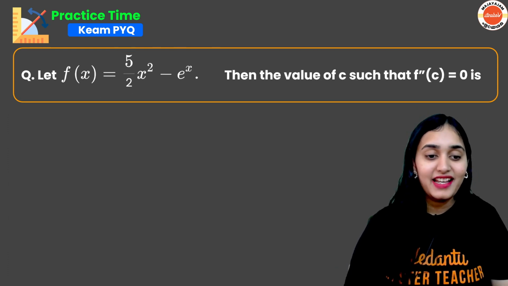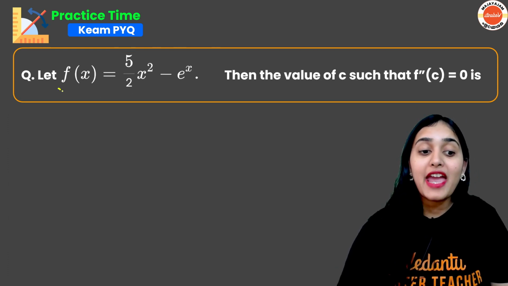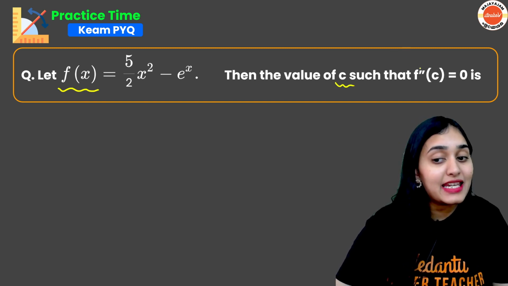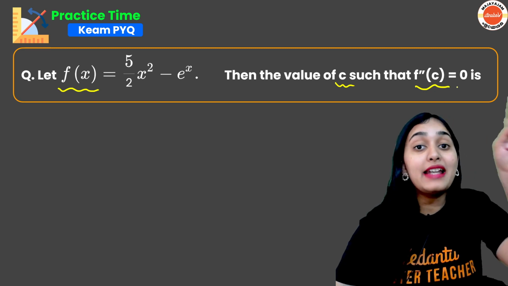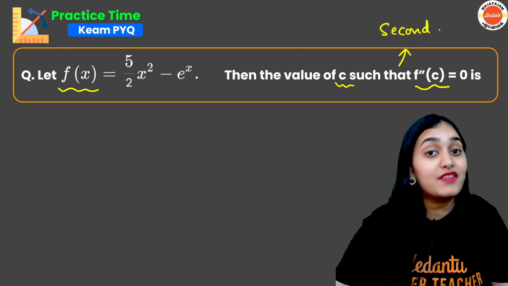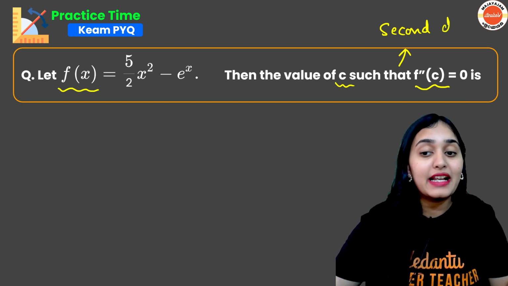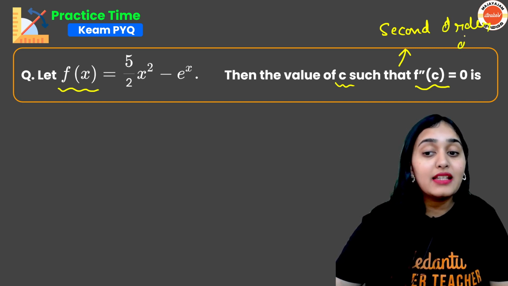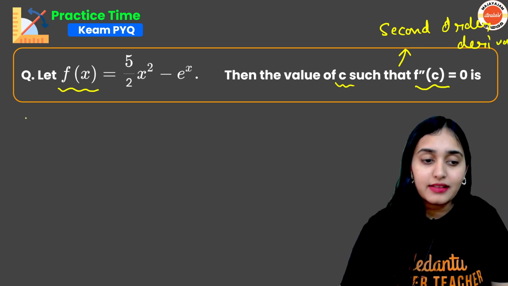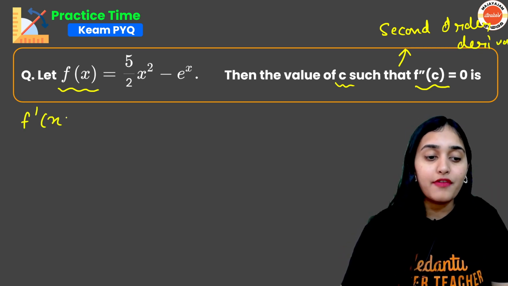Okay. Next question. If f of x is given, what will be the value of c such that f double dash of c is equal to 0? This is the second order derivative. Just now we have learned the concept. Second order derivative means you are deriving it 2 times. First let us find out f dash of x.